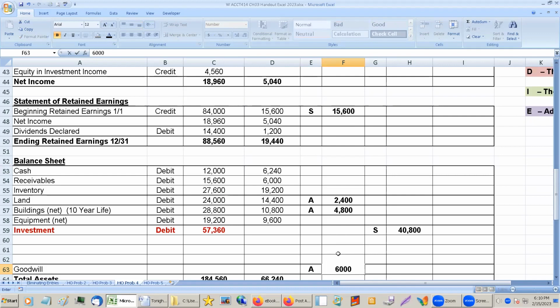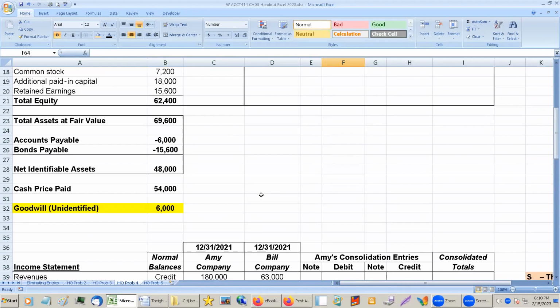Professor, how did you get the 6,000? Good question. So here's the assets at fair value. Here's the liabilities at fair value. And so this will be the net identifiable assets at fair value. I should put that in there.